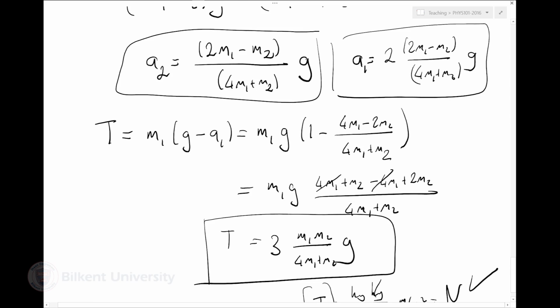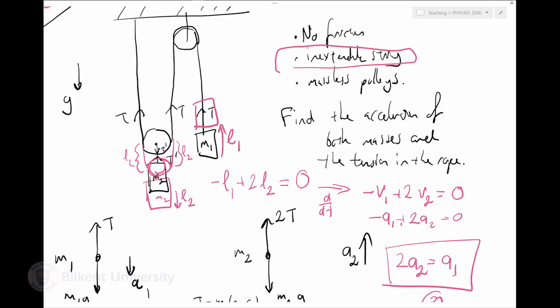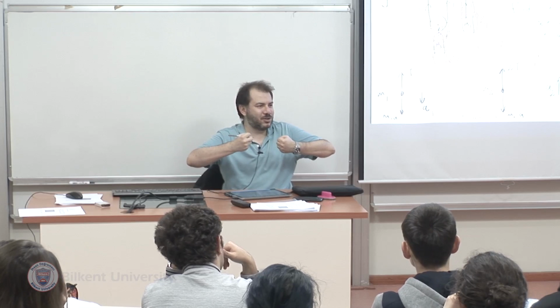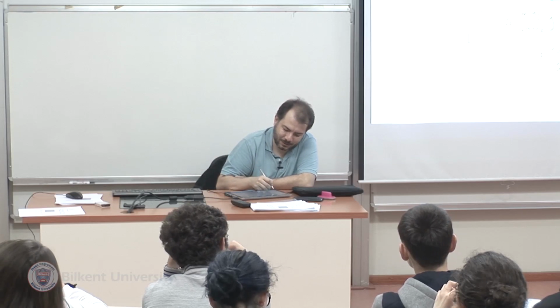How about the limits? Can anyone think of a limit where we can easily check that our results are correct? What happens if m2 is 1 kilogram and m1 is 2 kilograms? They should balance each other, right? So let's check this limit.